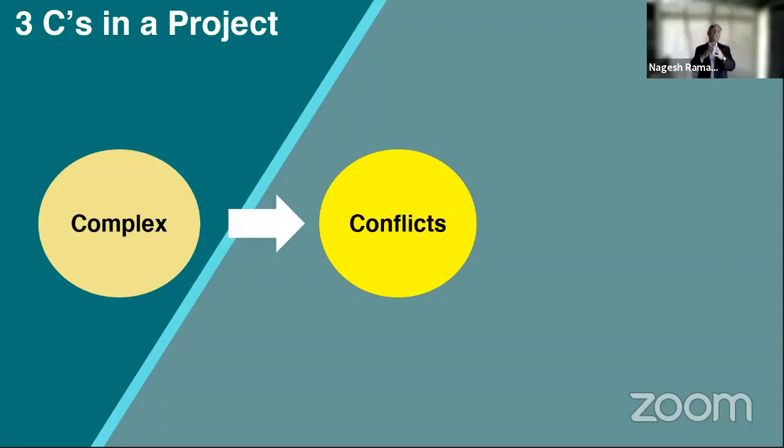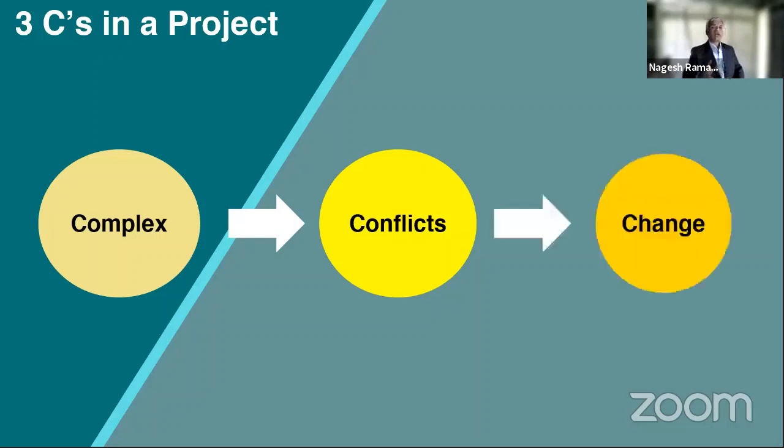There are conflicts within disciplines. It is very common that where there is complexity, conflicts will definitely happen. With the knowledge and experience that we gain, it is our job as project managers or those who are managing the projects to resolve the conflicts also. It could be people, it could be technical conflicts.